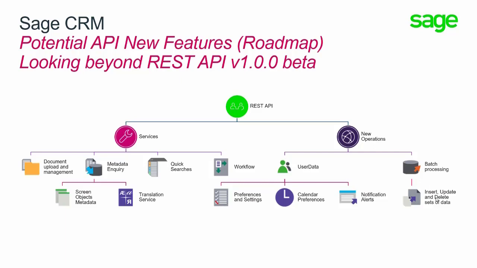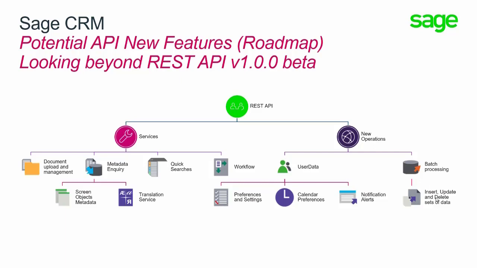This would all allow for separate screens to be built inside Sage CRM, maybe using things like Carbon or React libraries to create things which are fully using the metadata inside Sage CRM. We want to have quick ways of invoking searches, perhaps to drive workflow as a service.